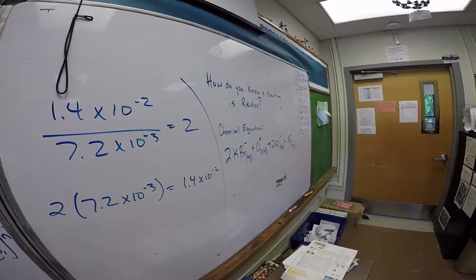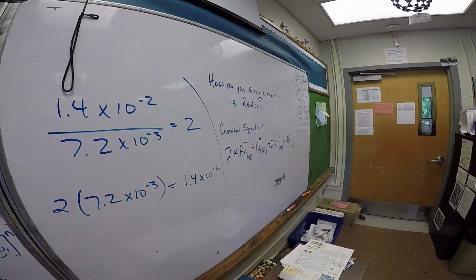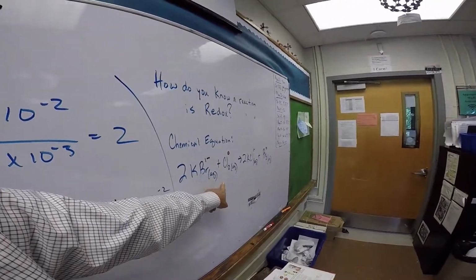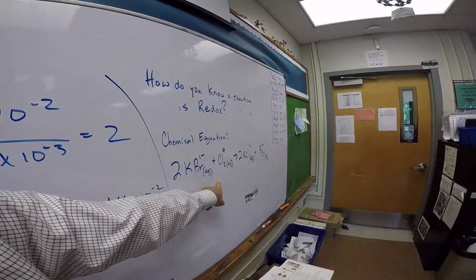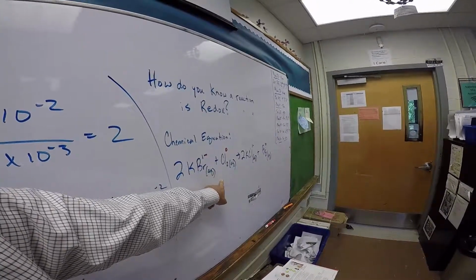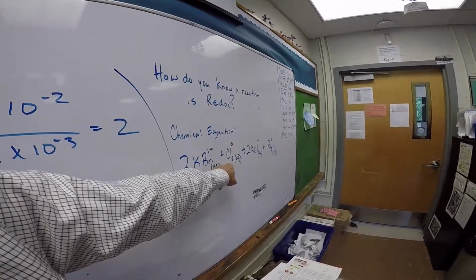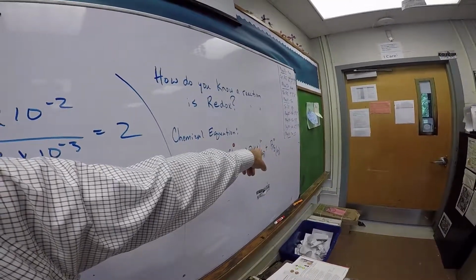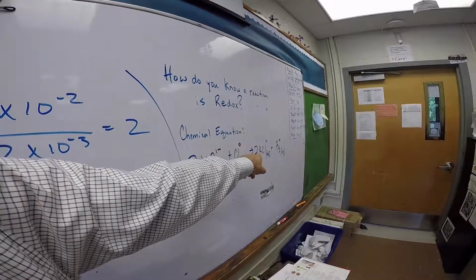Whenever it's redox, it's very different. If you remember the beginning of the year, gold is an element because it has 0 charge. Very few elements are found naturally in nature. But this is an example up here of chlorine. It has 0 charge. Now if chlorine gains an electron, that's called a reduction. Gain electrons, reduced.